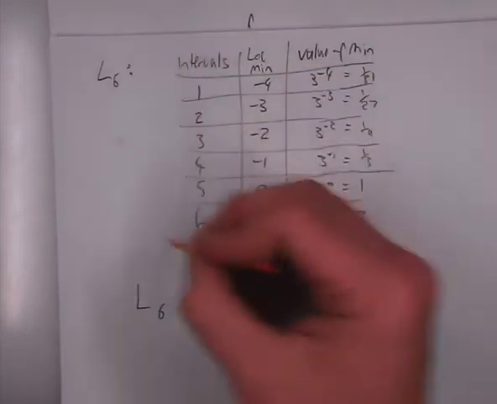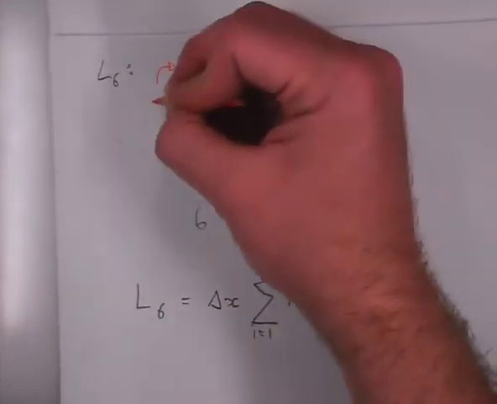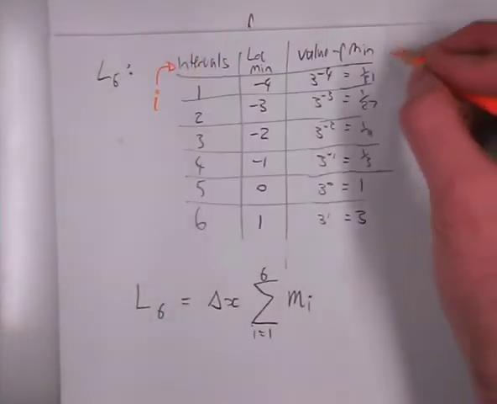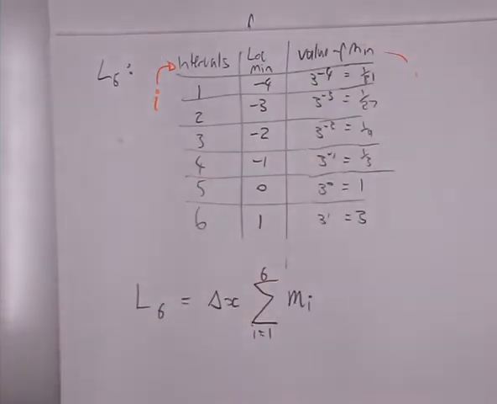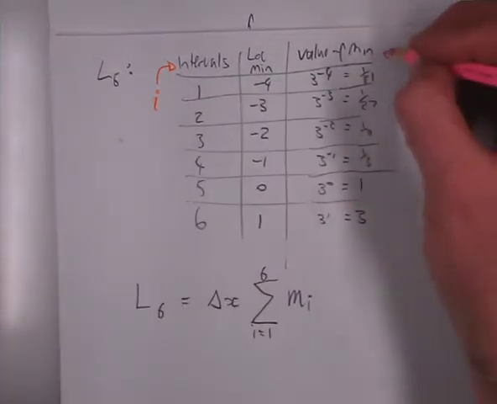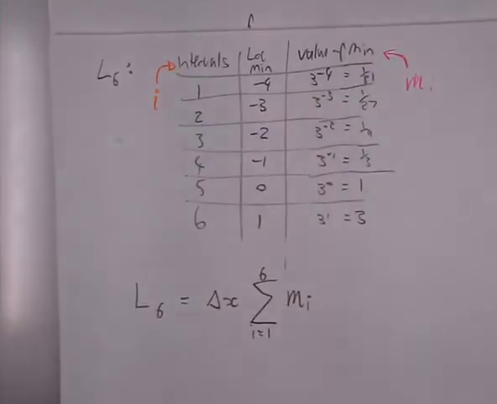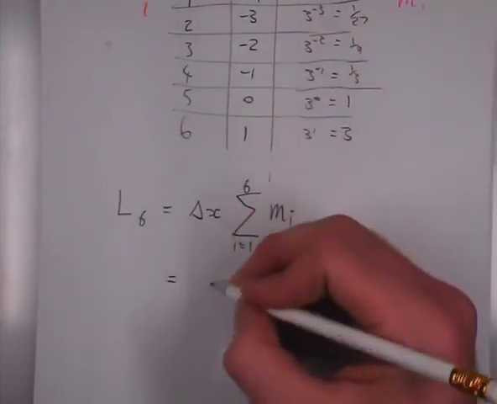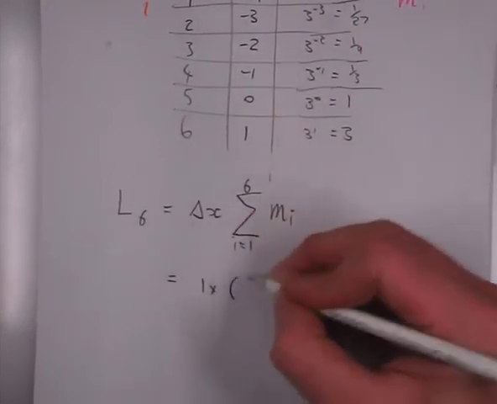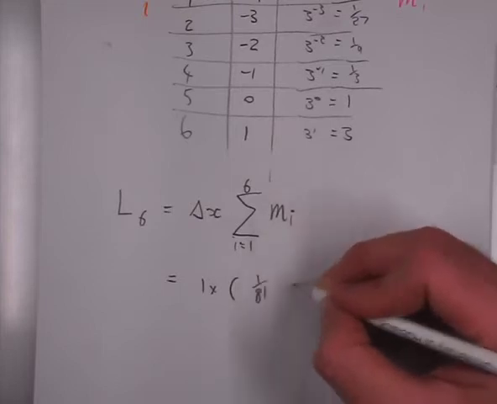So that's i, all of these numbers, and this is the little m_i. Okay? And so the delta x was 1, and the sum of those was these things here.